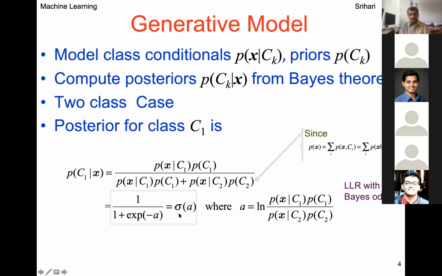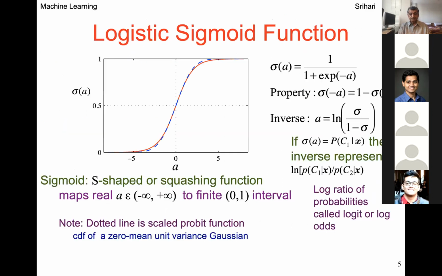So sigmoid is a very fundamental concept in machine learning. This sigmoid is being shown here. A goes from minus infinity to plus infinity, where A is that quantity we just defined in the previous slide, the logarithm of the ratio of P of X given C1 times P of C1 and so on. The sigmoid has this S-shaped curve.